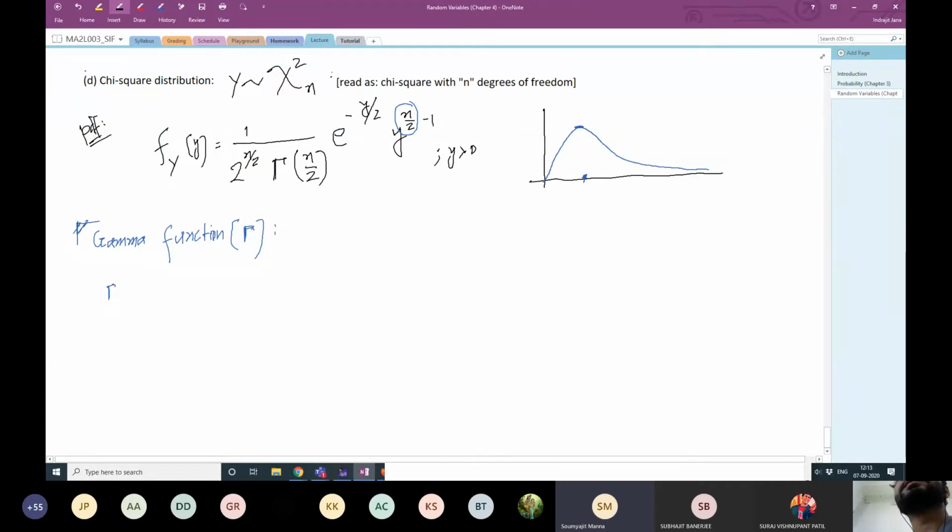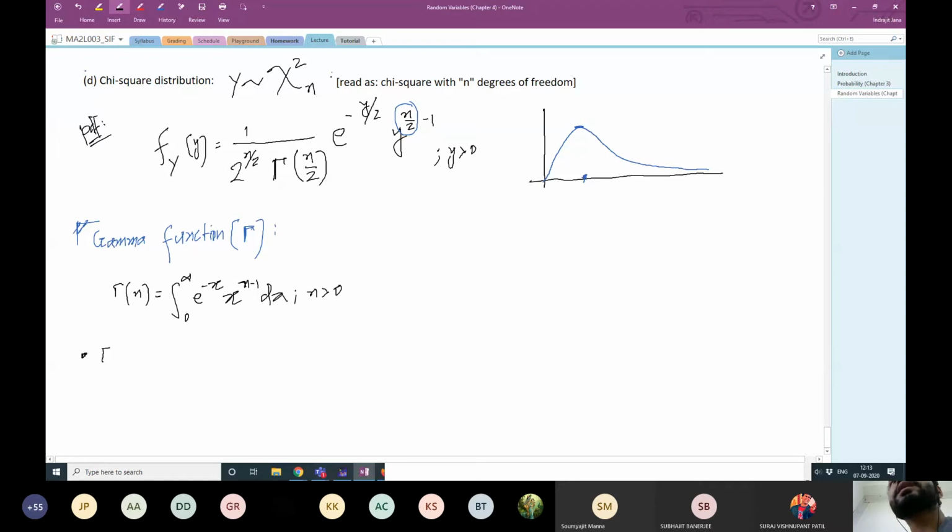So what is this gamma function? Gamma of any quantity, let's say gamma of n, is actually the integration of this function e to the power negative x, x to the power n minus 1 dx, whenever n is positive. It's difficult to evaluate this integration, but in some cases we can.